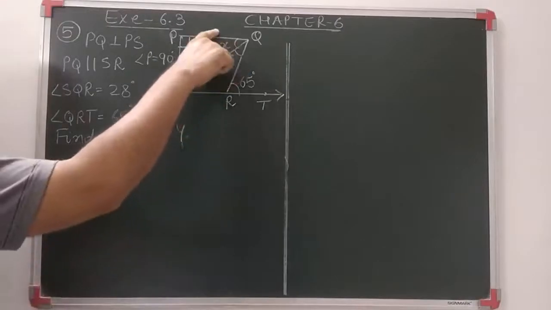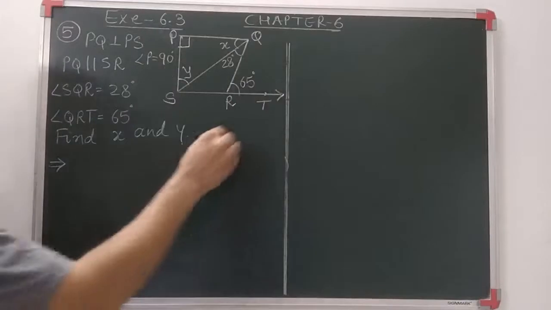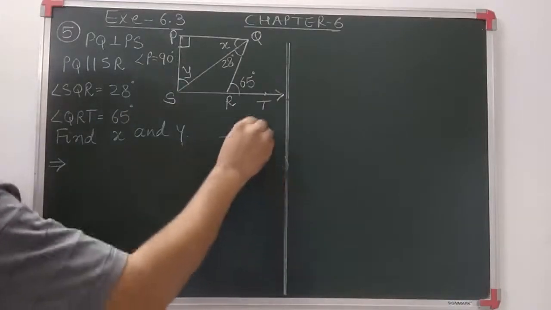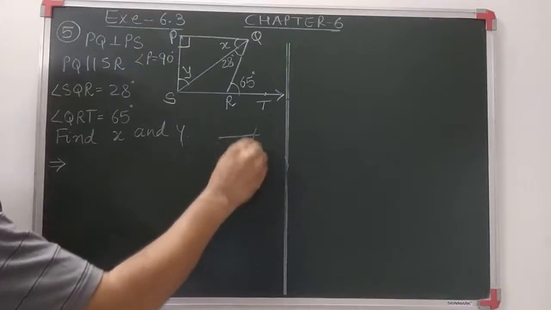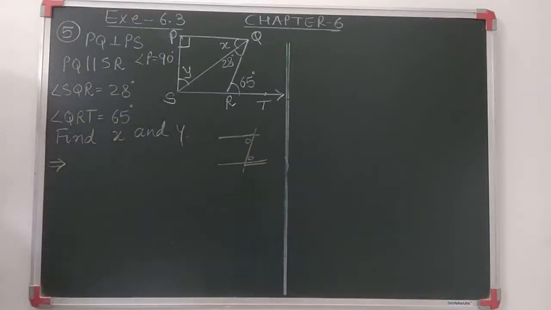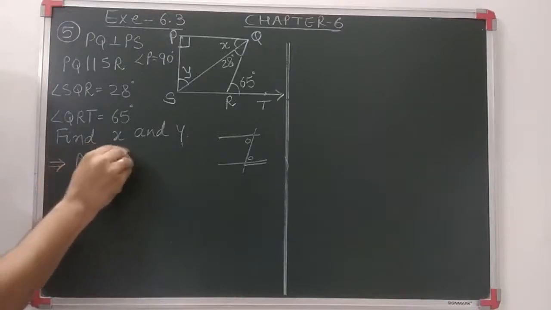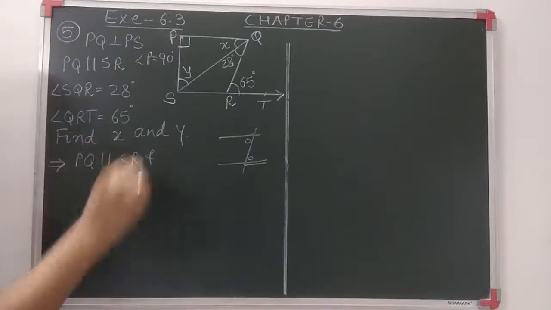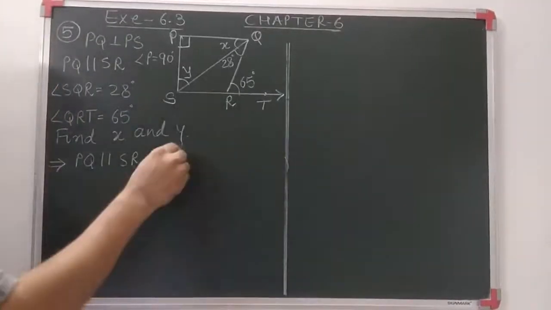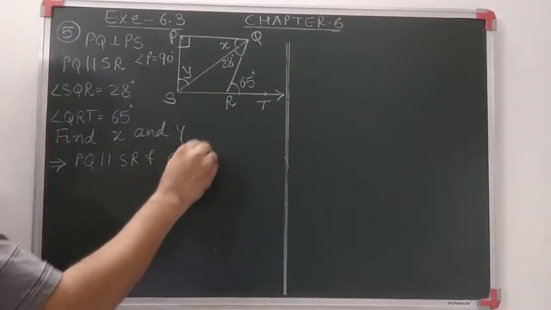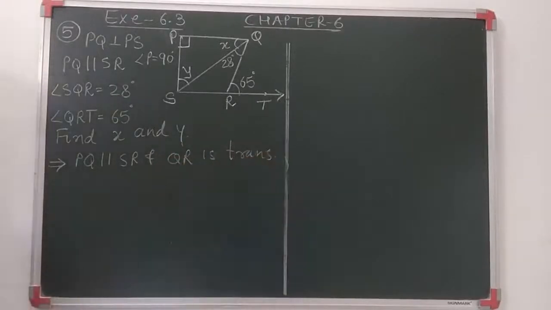Let's see the relation. These two lines are parallel, and if I consider QR as a transversal, PQ parallel to SR, and this is the transversal, we can say that these two angles are the same, a pair of alternate angles. So PQ is parallel to SR and QR is the transversal.